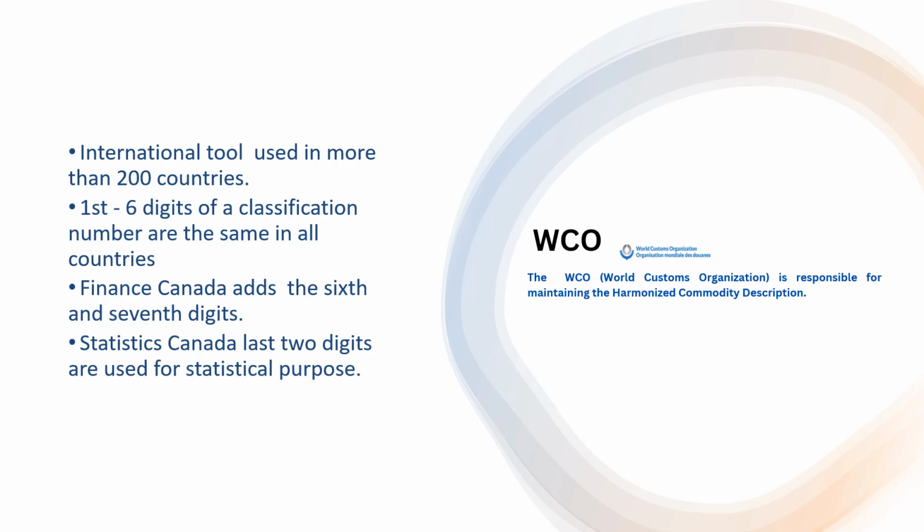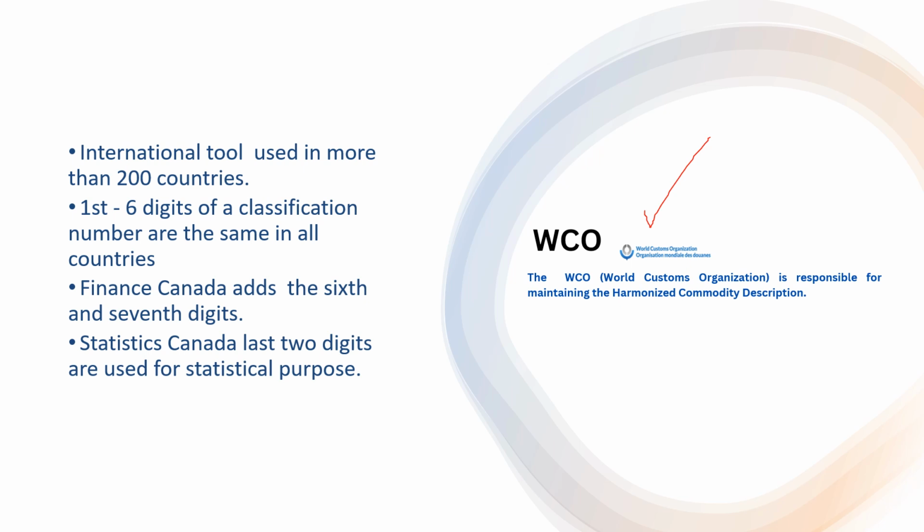So who is responsible for maintaining the HS code or the harmonized commodity code? Well, that will be the WCO, the World Customs Organization. This is a system that has been implemented, a tool that has been implemented in more than 200 countries.